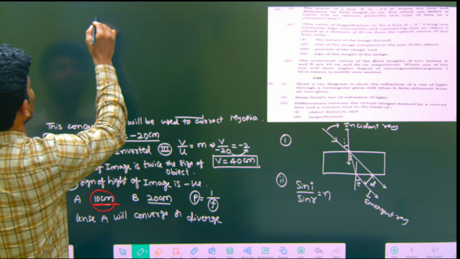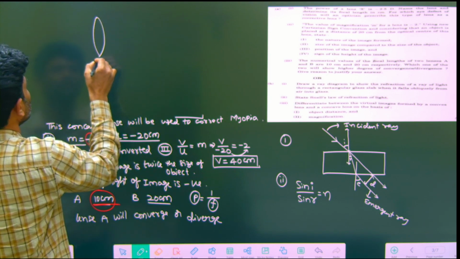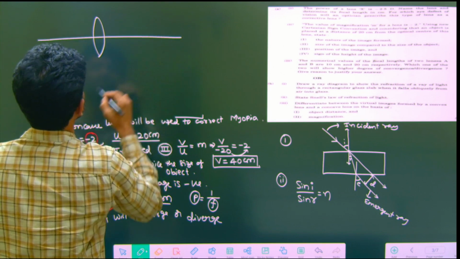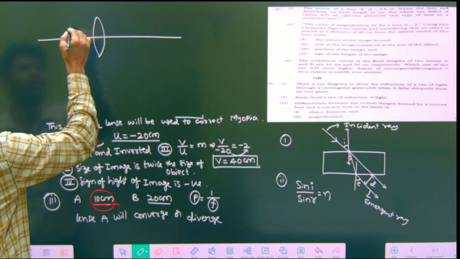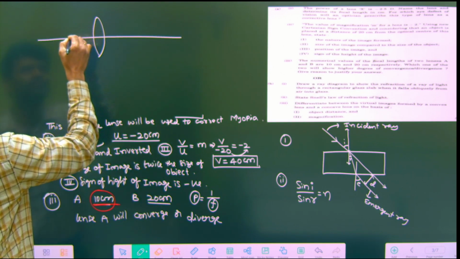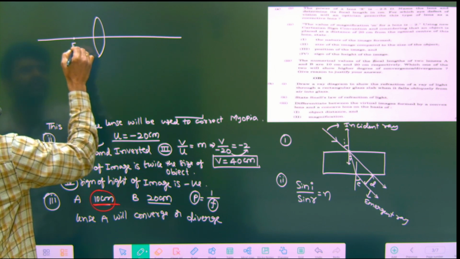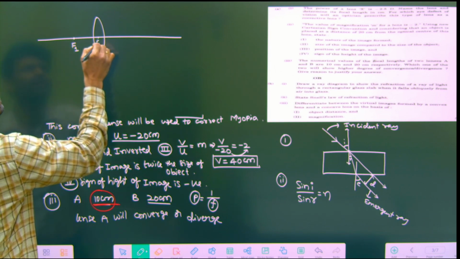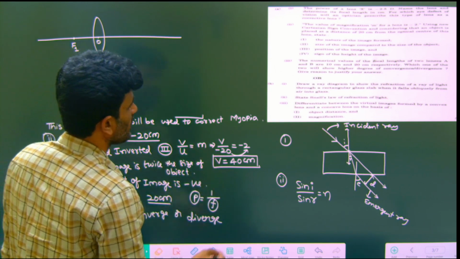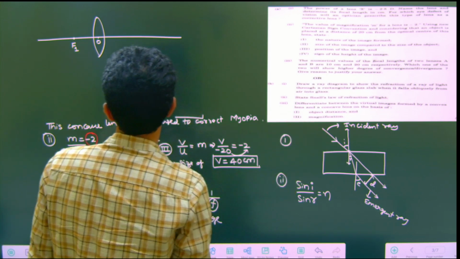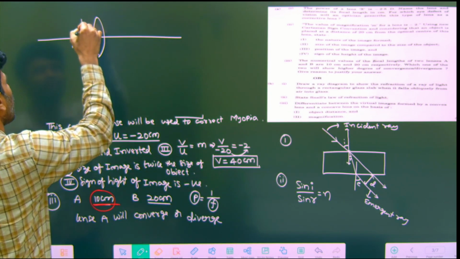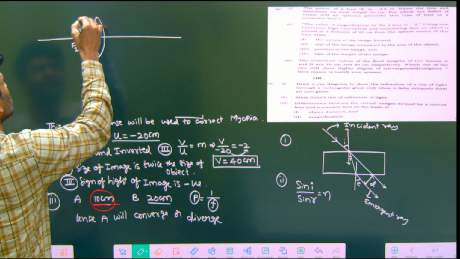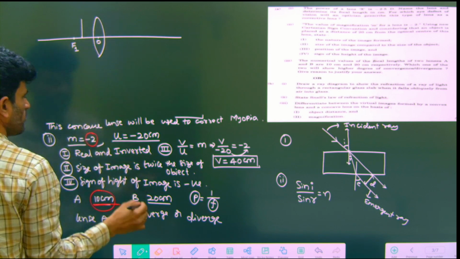So, for example, if you take convex lens, where virtual image will be formed? On the same side, when object is kept between f1 and optical center. We have to differentiate based on object distance. So here virtual image will be formed like this. At this point we will take the object.